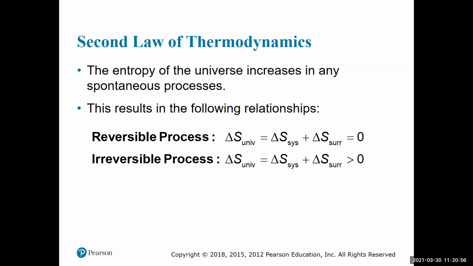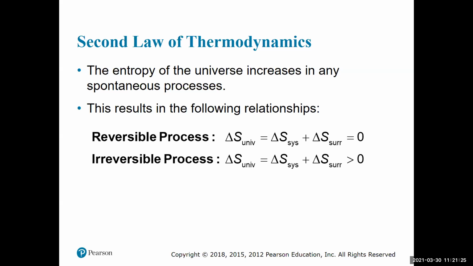There's two relationships that we can talk about. One is reversible process. So for a reversible process, the delta S of the universe, so the entropy of the universe, is equal to the delta S of the system plus the delta S of the surroundings. So the change of the system plus the change of the surroundings. And that's going to be equal to 0.